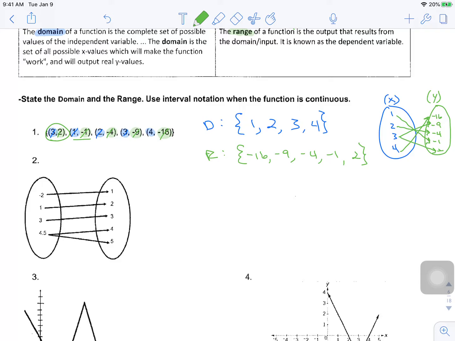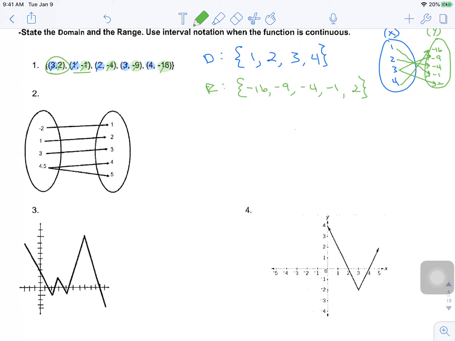Okay? Now, I'm going to do the reverse for number 2. I have all of this information for the mapping, and I can go ahead and list the domain and the range. If I start with my domain, these just represent ordered pairs. I don't want to take the time to list them, but the domain, again, is the set of numbers that includes -2, 1, 3, and 4.5.